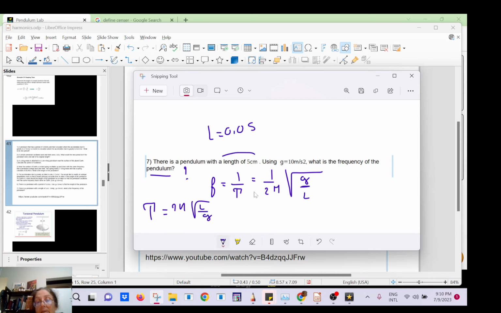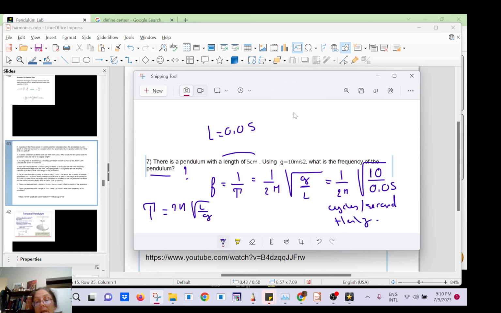So the frequency is going to be 1 over 2 pi, then you take the square root of 10 over 0.05. Okay. And so you can compute that, and the frequency will be cycles per second or hertz.